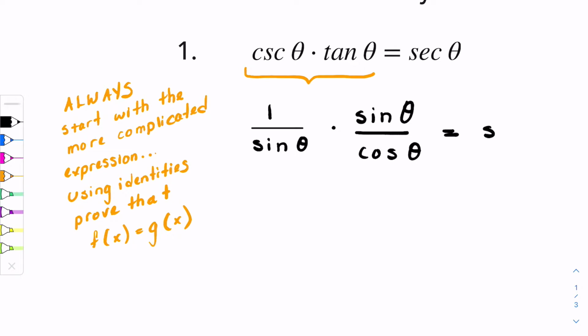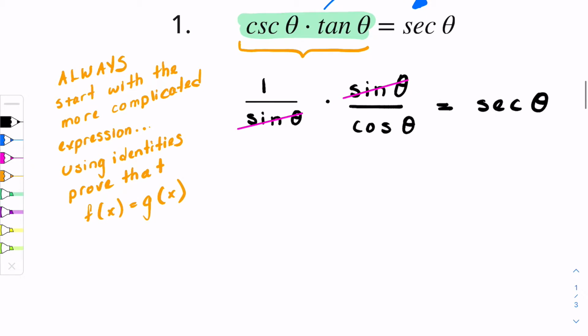And this is equal to secant of theta. So I am only working with the left side of the equal sign, and I'm trying to prove that the left side equals the right side of the equal sign. So writing out what I just did, I can quickly eliminate my sine value in my numerator and my denominator. This leaves me with 1 over cosine is equal to secant.